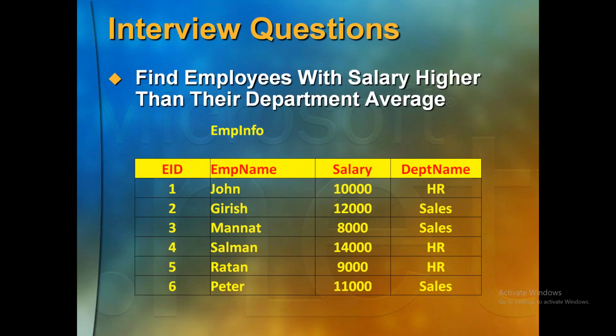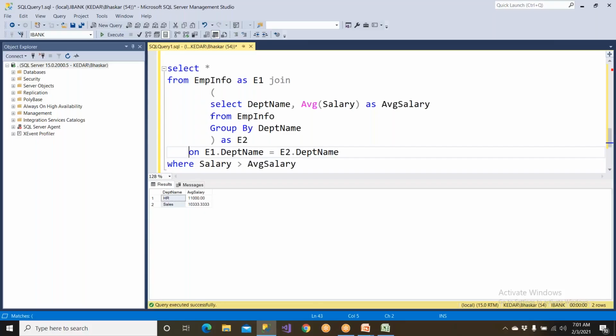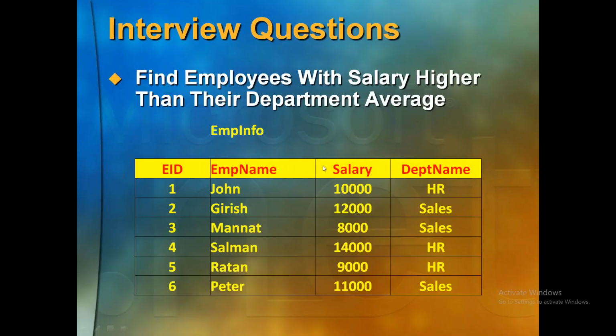Then again, you need to join this table with the original table called employee info. So that is how you should be able to do this. Clear? Then you write a condition salary is greater than average salary. So these are a few beautiful interview questions asked in recent interviews.